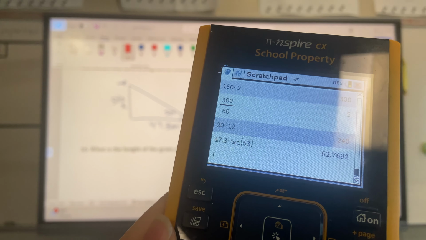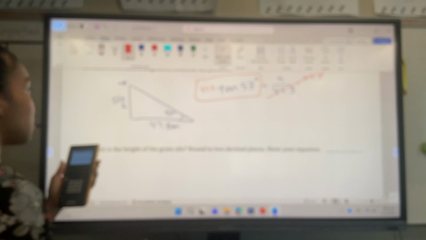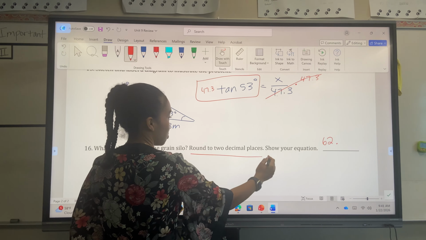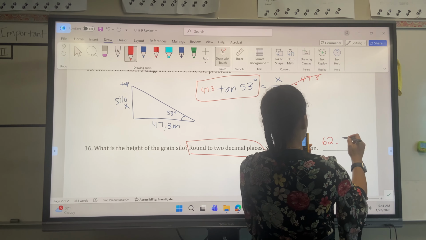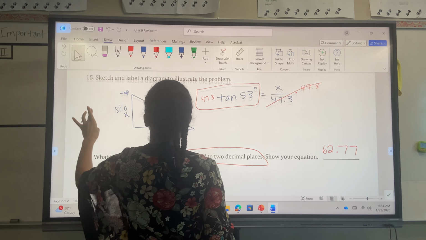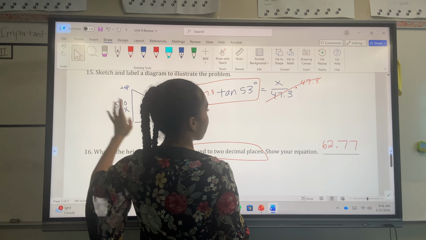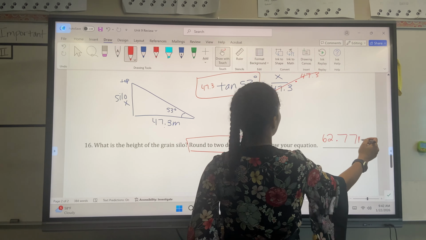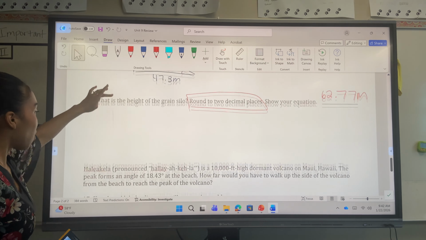Okay, that's my answer. So you get 62 point, and they said round to 2 decimal places, so 62.77. And this is in meters. That's how tall the tower is. All right, next problem.